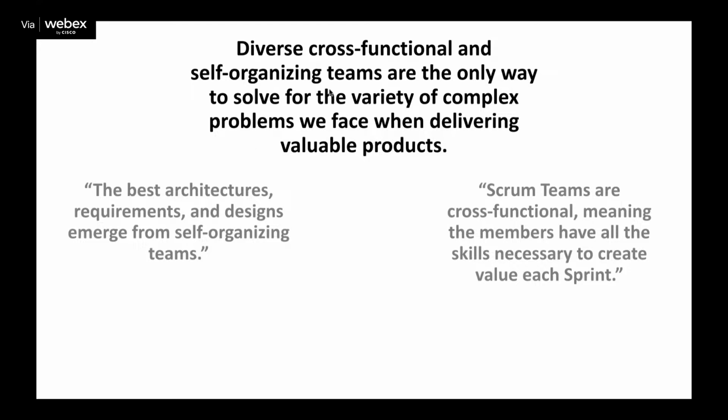I would say that statement is one of the reasons why this is true. And Scrum teams are cross-functional, meaning that we have all the skills necessary to create value. I would say the diversity of cross-functional teams is one of the reasons that we want cross-functional teams.